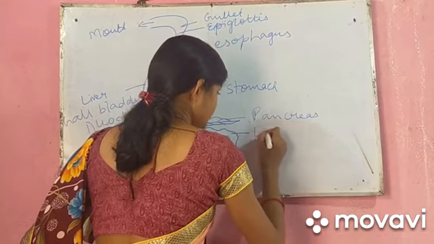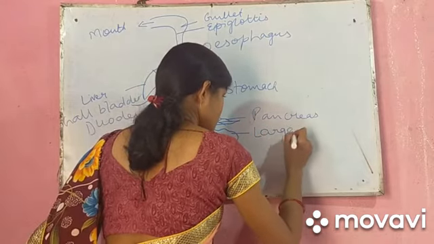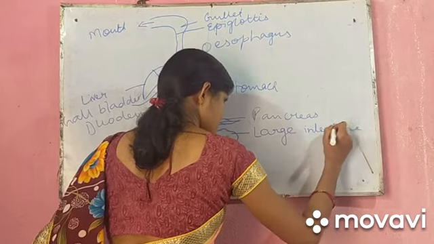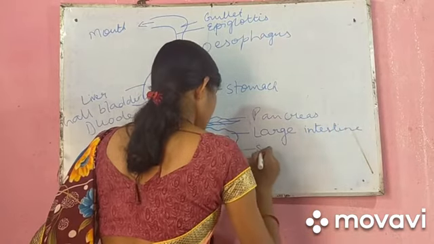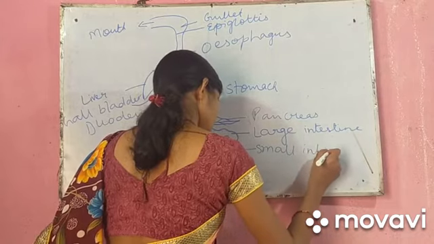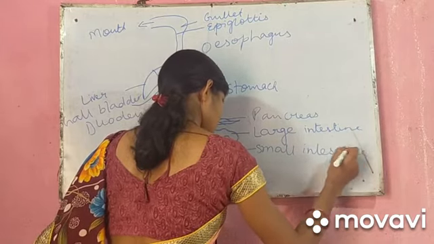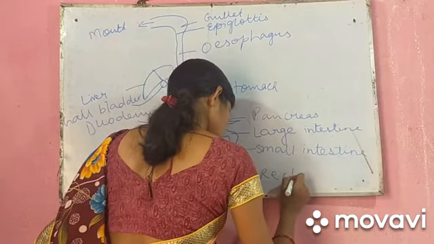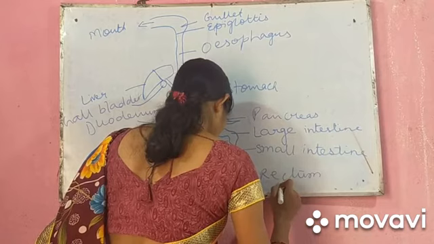This one is the large intestine. Small intestine. Rectum. Anus.